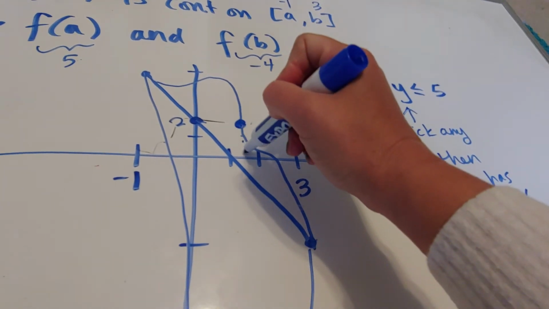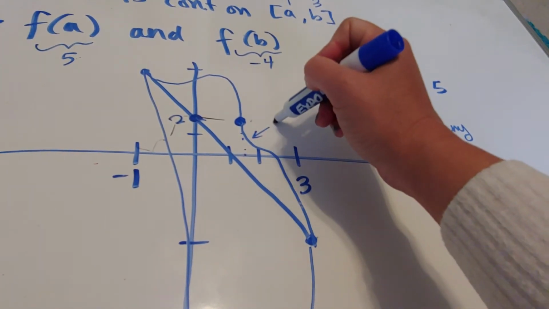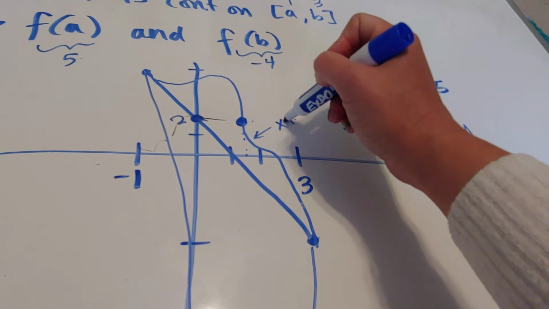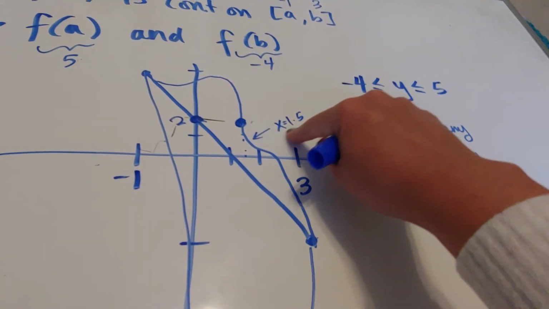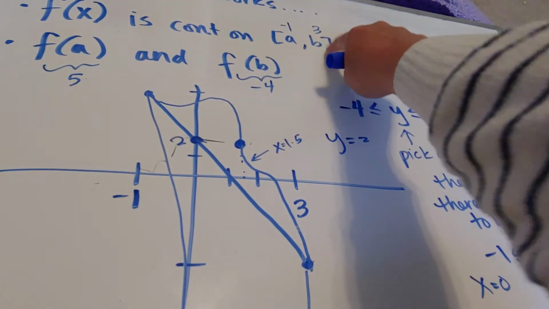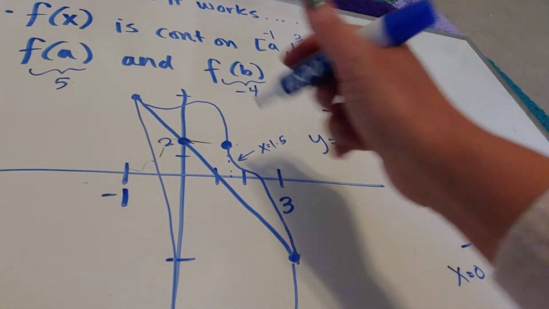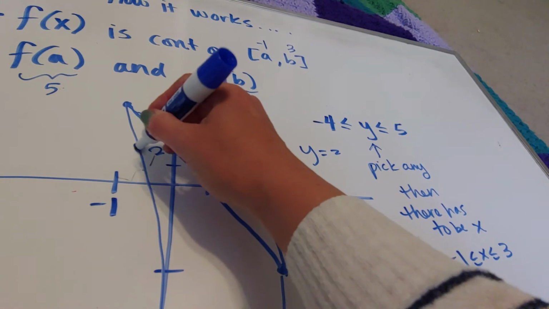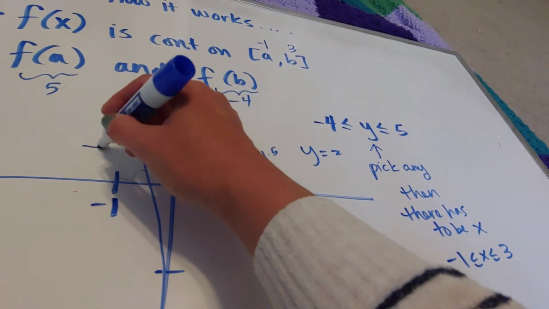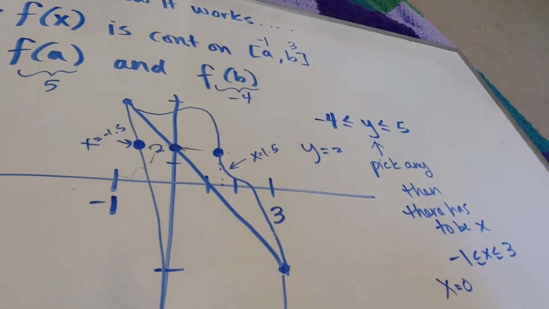So for this picture maybe it's happening at x of 1.5, we'll just say. Again, notice that x value is landing between -1 and 3. For this bottom graph, 2's happening over here. So that's looking like it's happening at -1.5.